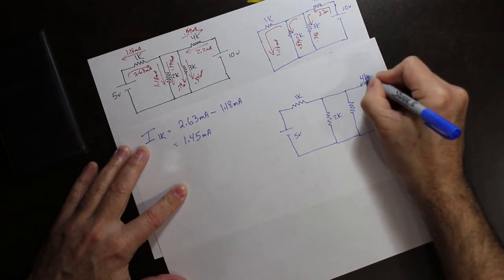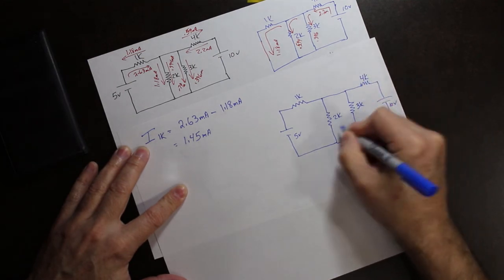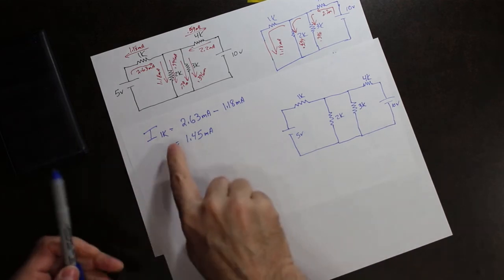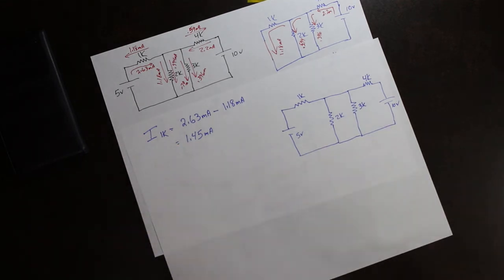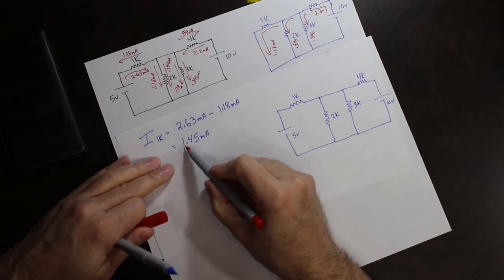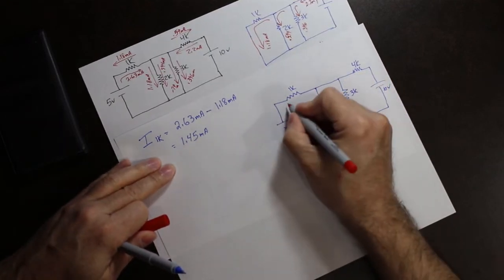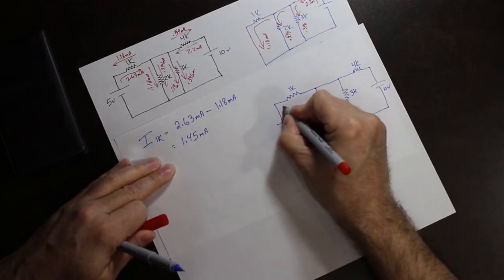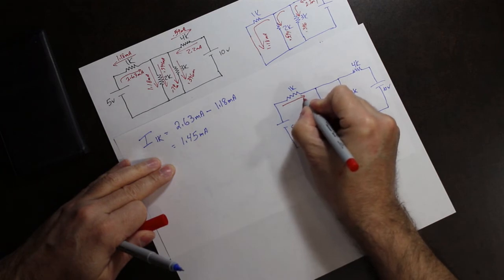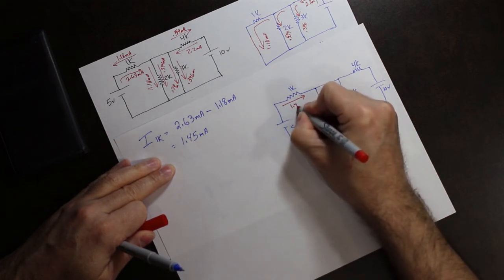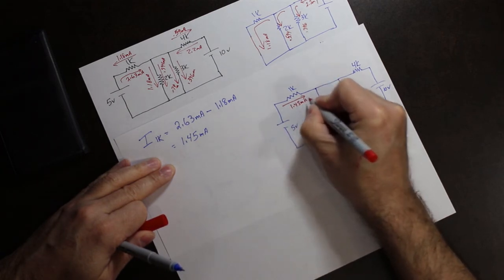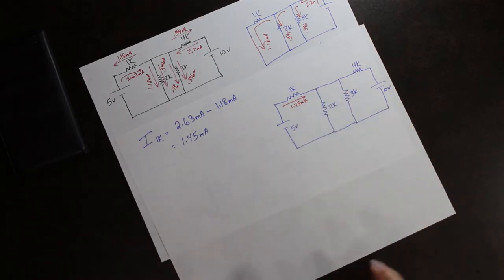This is the 4K. This is the 3K. 2, 1. So now what we've done is we have calculated the current 1.45 milliamps. So the current through this resistor is 1.45 milliamps, and it's flowing in that direction.